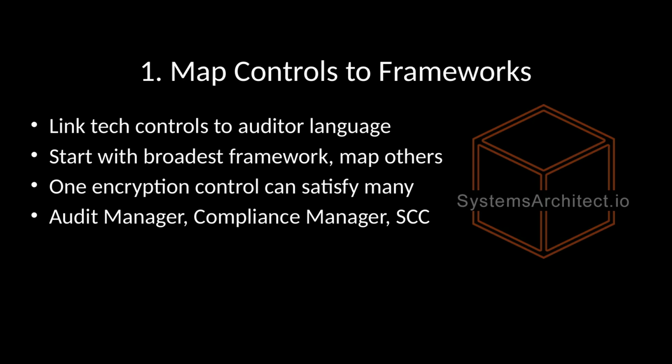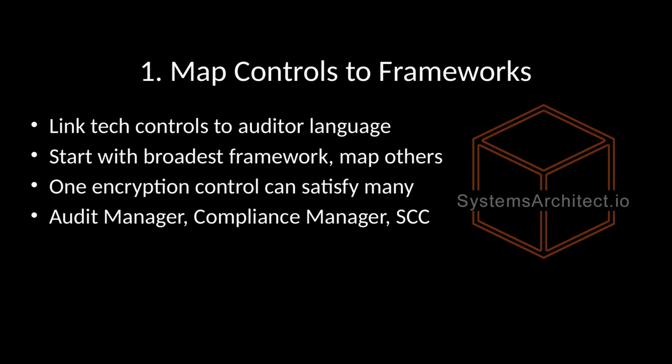Why does mapping matter? Auditors grade against framework language, not your architecture diagrams. So without a mapping, your team spends every cycle translating Terraform, IAM, and monitoring into control speak. A living map lets you answer an access control request with the policy, screenshot, and review log that satisfy a specific control identifier.